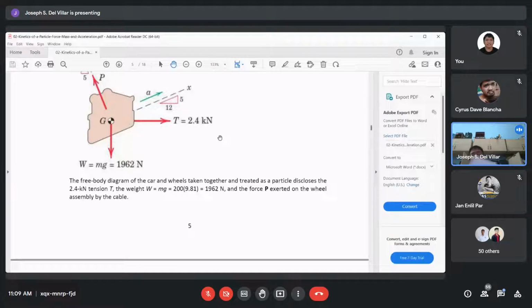Di ba pinakita ko na kanina? That is 67.38.